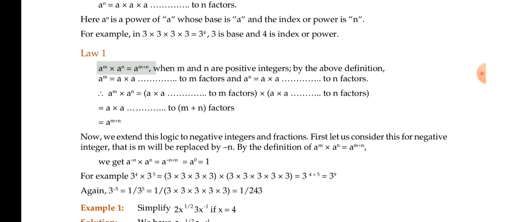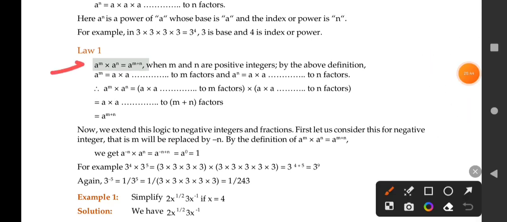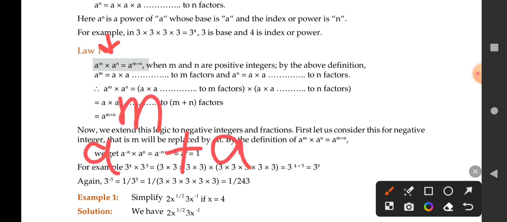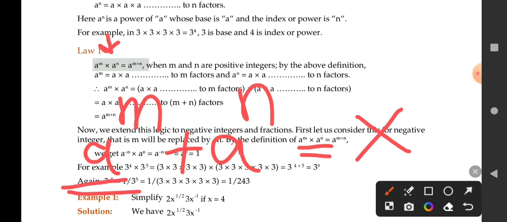Now if you question whether there is any rule or law for a power m added to a power n, since we are multiplying here, correct? Is there any rule for a power m plus a power n? No, there is no rule, because here we multiply a, m times and then add a, n times.